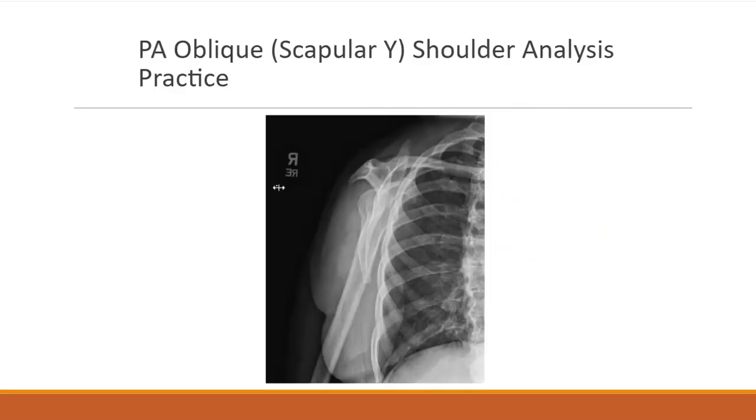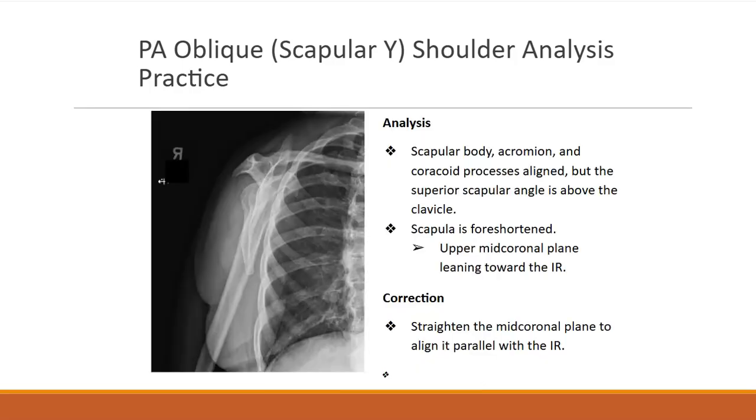Go ahead and review this next practice analysis and answer the following question. So in reviewing this practice analysis, we want to determine whether we have all the anatomy necessary, and in this case we do.